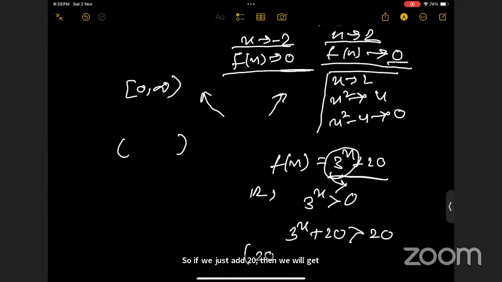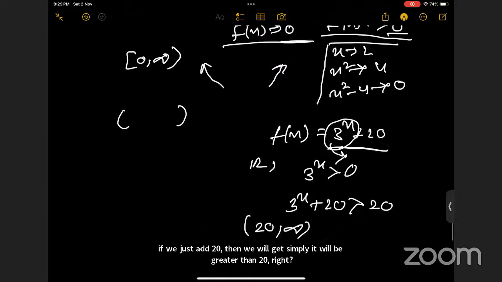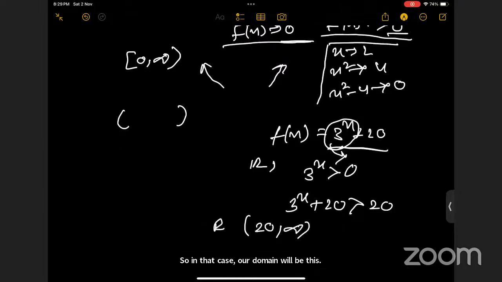So in that case our range will be this. Anyway, by default we can take 0 to infinity. For an exponential function, the domain is the real numbers and the range is 0 to infinity by default.